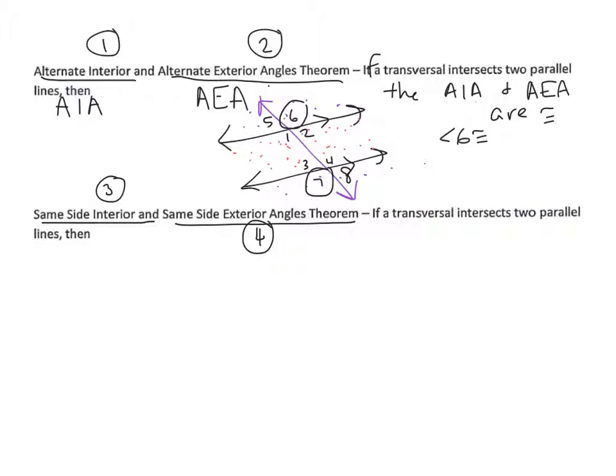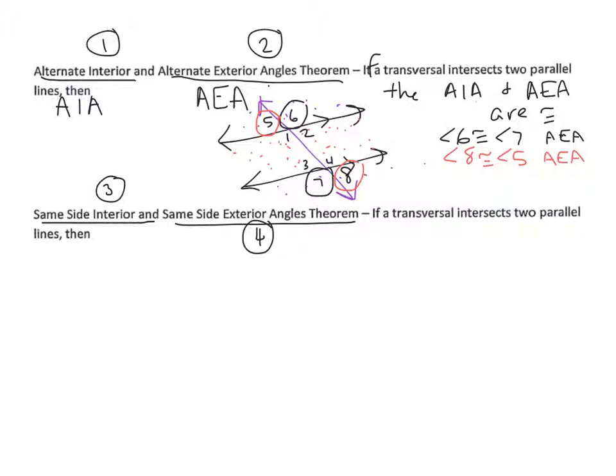So angle 6 is congruent to angle 7 by the alternate exterior angles theorem. We also know that 8 is alternate and exterior with angle 5. So angle 8 is congruent to angle 5 by the alternate exterior angles theorem.